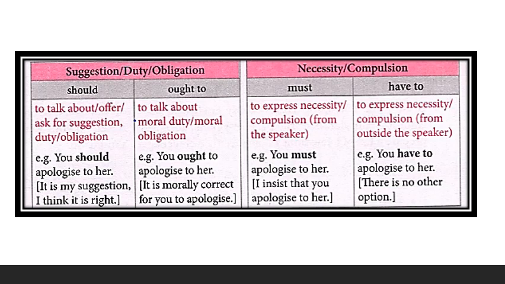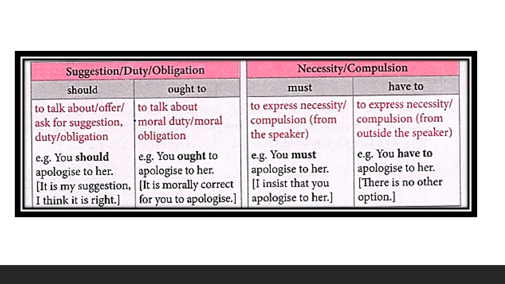You should apologize to her. It is my suggestion. I think it is right. So when should is used, it is just a plain suggestion. Then the same sentence with the modal verb ought to, to talk about moral duty or moral obligation: you ought to apologize to her.